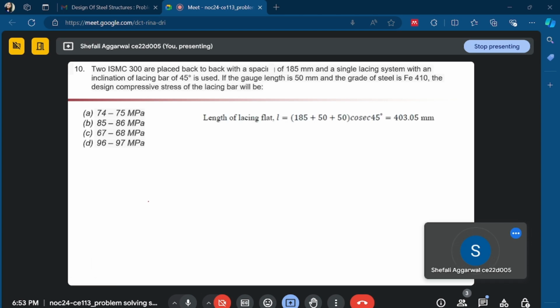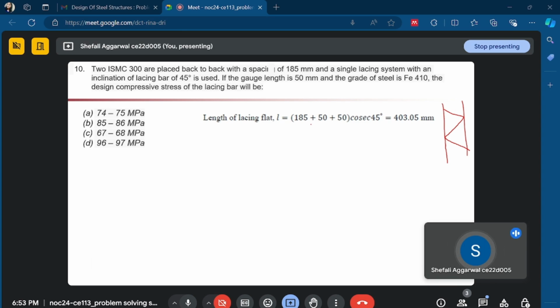So, what is given to us? Sorry. First, we will calculate the length of our complete lacing flat. So, we have a single lacing system and we have a spacing of 185 mm. This is a single lacing system, and we have to calculate the length of the lacing flat.